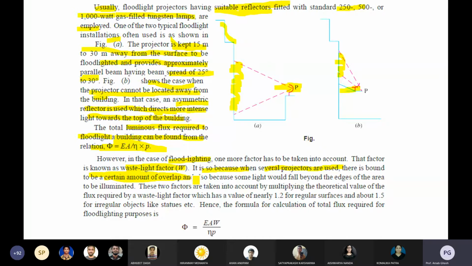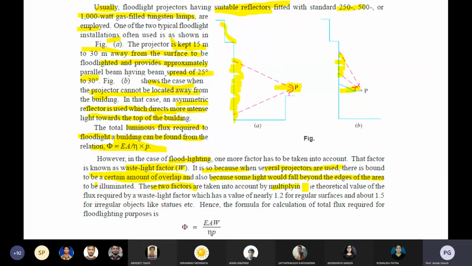These two factors are taken into account by multiplying the theoretical value of the flux required by the waste light factor. So one additional multiplying factor is there, that is W. Exactly whatever flux you project, you are not getting.